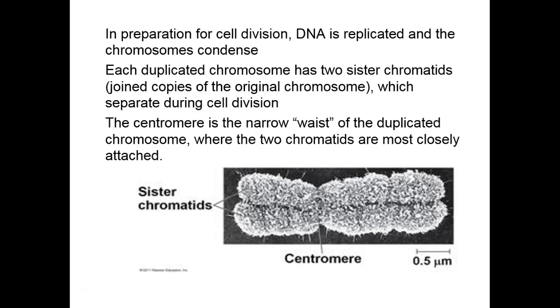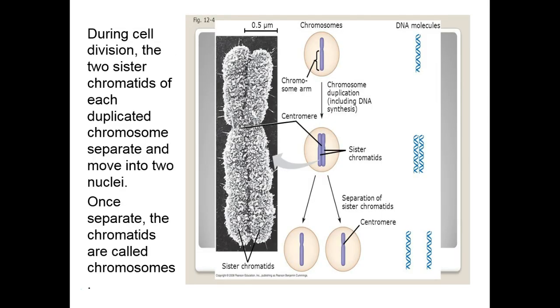Very, very powerful microscope. And then during cell division, and we'll just get started on this slide, the two sister chromatids separate and move to the two new spaces that are created in the stretching of the cytoplasm of the original cell.